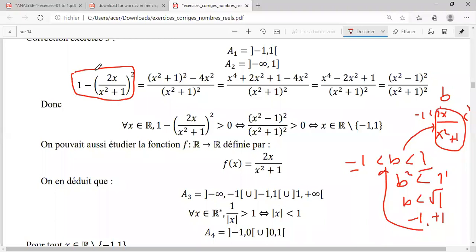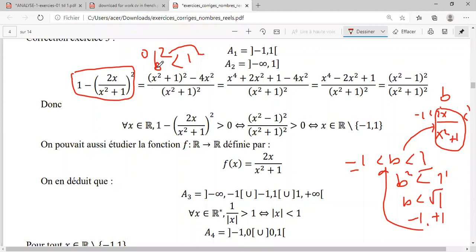Yes. Okay. So, like I said, we have b squared is less than 1. If we take b to this side, I'm going to remain with 0 here.